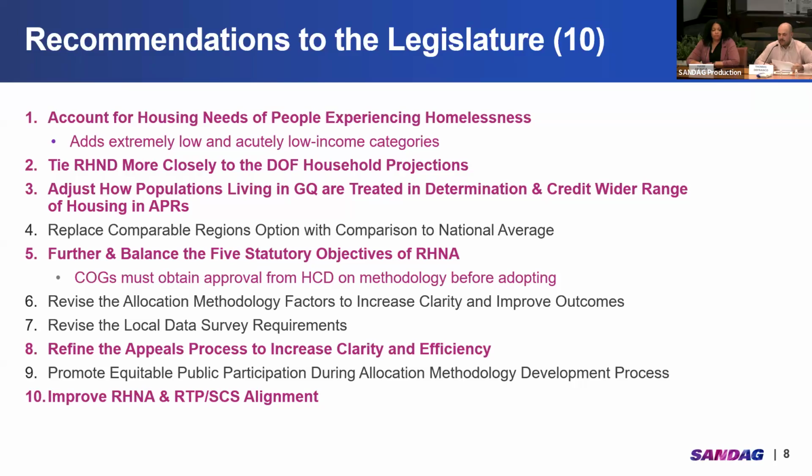Specifically, I think there was some confusion in the last process about what you could appeal. And so I don't remember exactly what they have put into this recommendation, but the goal of it is to make it so that everyone better understands what it is that they can specifically appeal within the determination methodology.